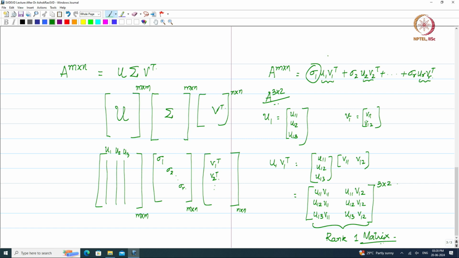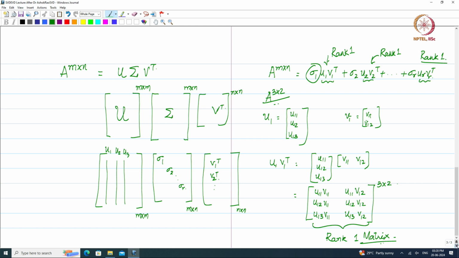This guy is a rank 1 matrix, this guy is another rank 1 matrix, and so on. So if A is a matrix of rank R, the matrix A can be represented as a linear combination of R rank 1 matrices.